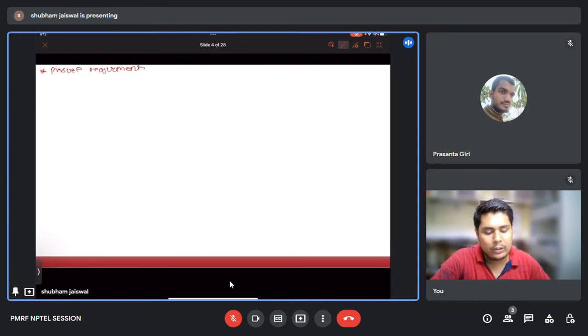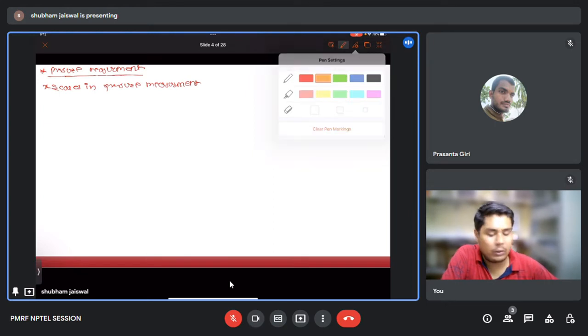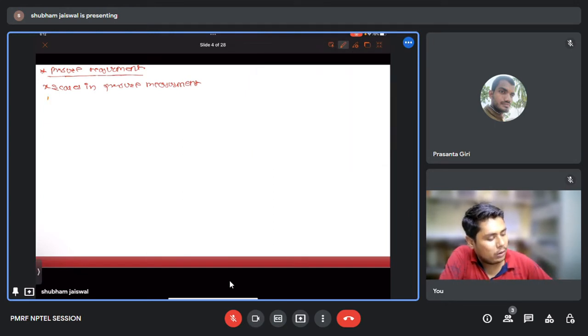Okay. So after that we have seen the pressure measurement. In pressure measurement, what we have seen is what is meant by pressure, and after that we have seen some scales in pressure measurement. In this, we have seen gauge pressure, that is the gauge scale.